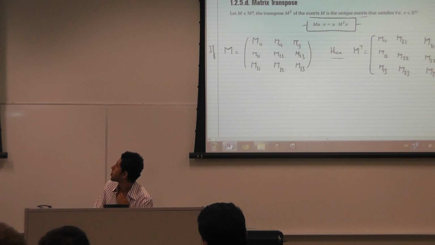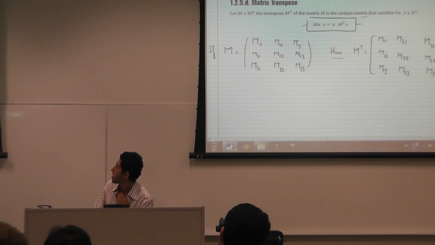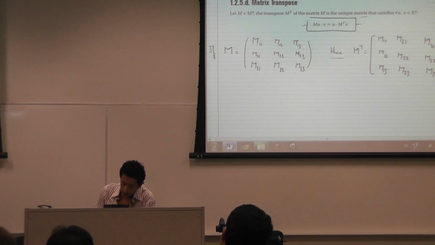For every two vectors in Rn, if I take the dot product between Mu dot v, it's equal to u dot the transpose of M times v. The matrix MT that satisfies this for any u and v is the transpose of the matrix M.